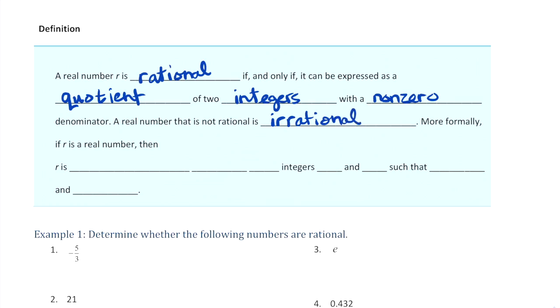More formally, if R is a real number, then R is rational if and only if there exist integers A and B such that R is equal to A over B and B is non-zero.